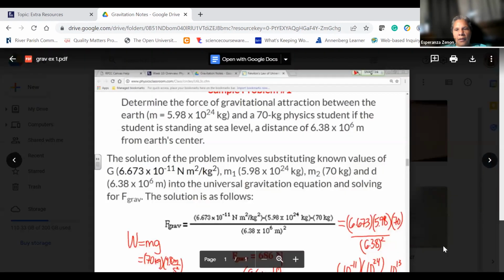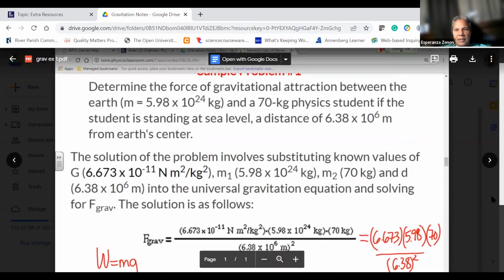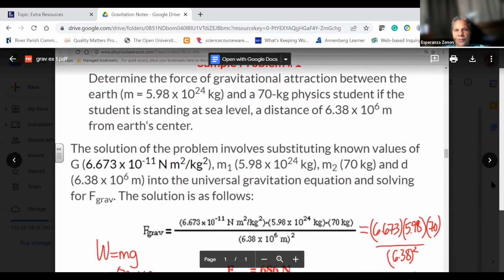Okay. So in this first example, it said, determine the force of gravitational attraction, so in other words, how much are these objects pulling on each other, between the Earth, with a mass of 5.98 times 10 to the 24 kilograms, and a 70 kilogram physics student. Okay, so we want to know how much these 2 objects pull on each other if the student is standing at sea level.